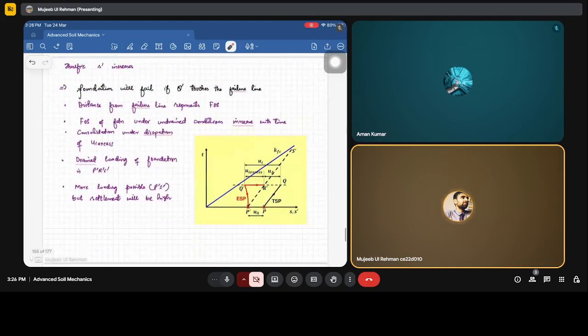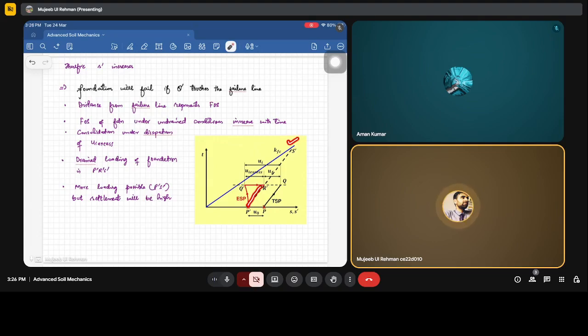For example, there may be a chance that we will start the drained loading from P', from here. So you can see that if we start the drained loading from P', the soil has enough strength till it reaches failure.